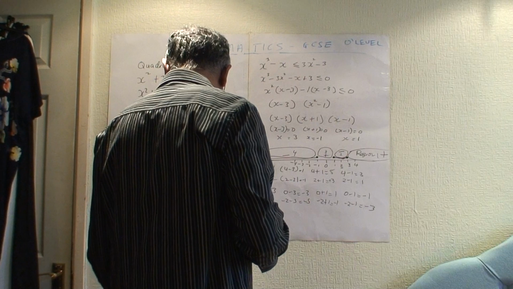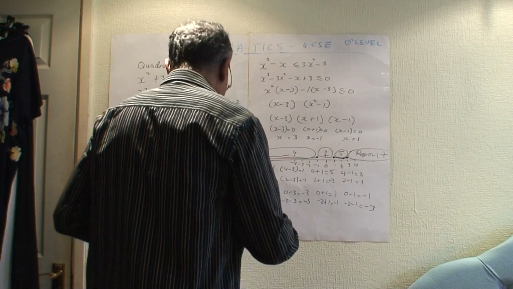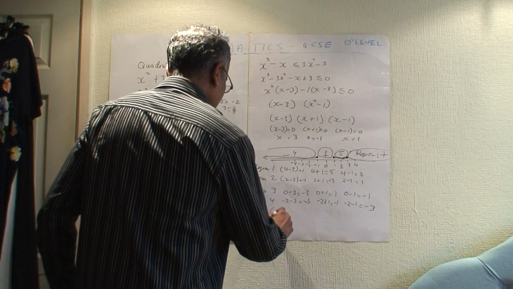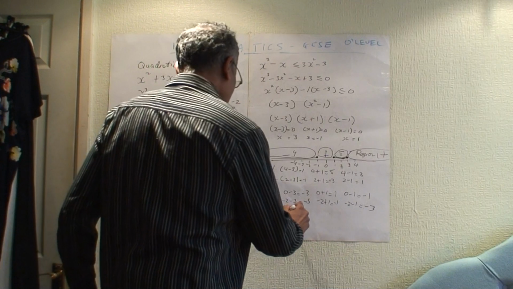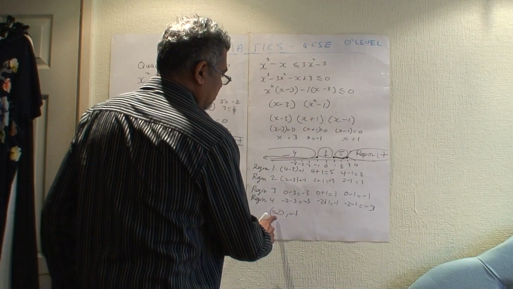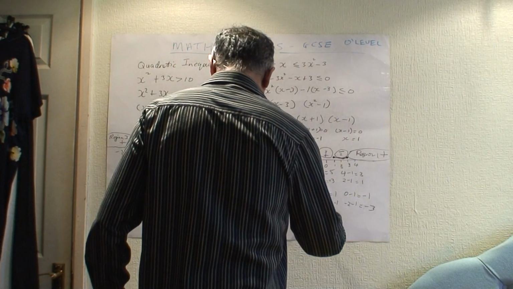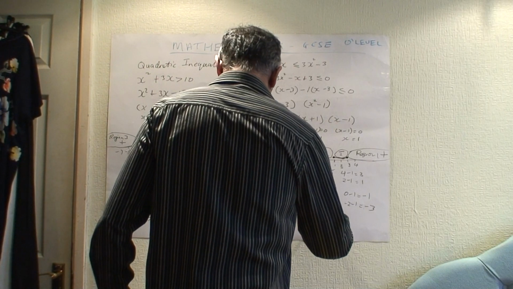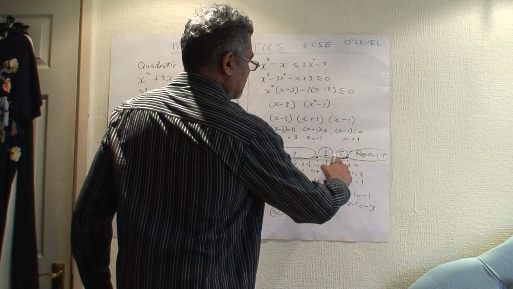So the answer for that one is: from negative infinity to minus 1, union positive 1 to 3, because we look at negative values.